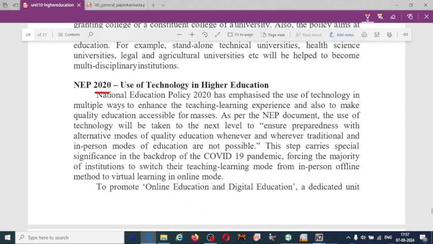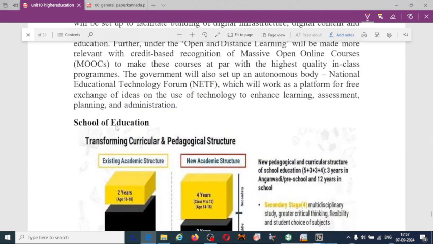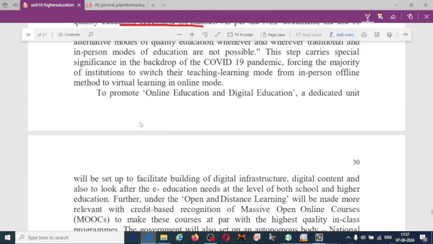NEP 2020, use of technology in higher education. It also emphasized the use of technology in multiple ways to enhance the teaching-learning experience and to make quality education accessible for the masses.